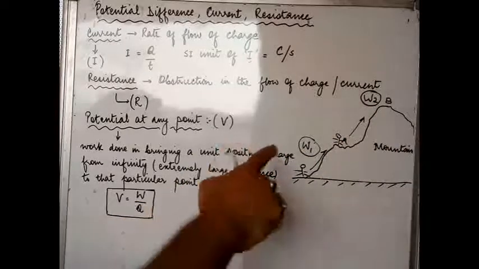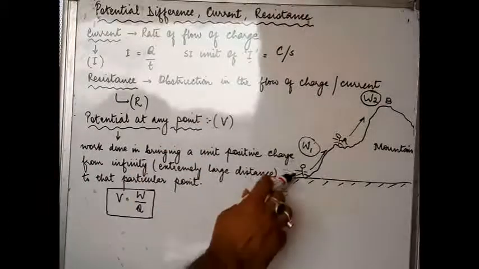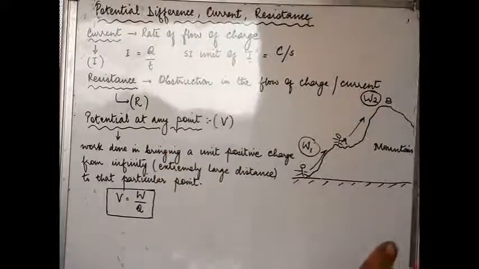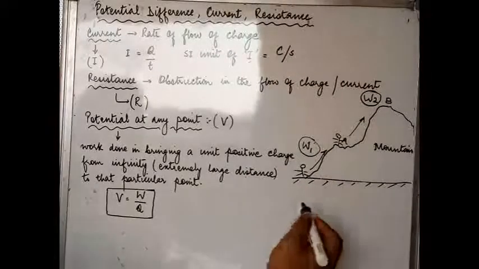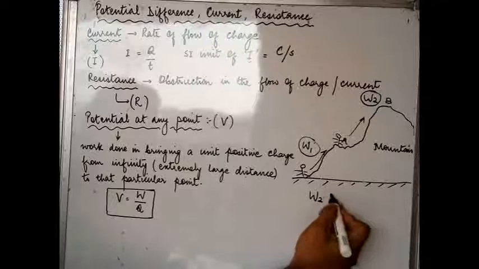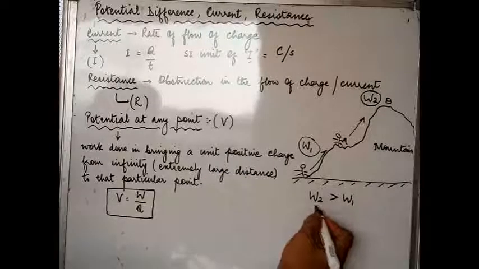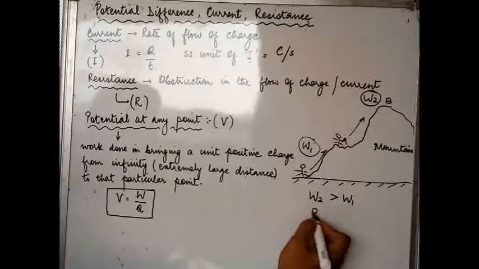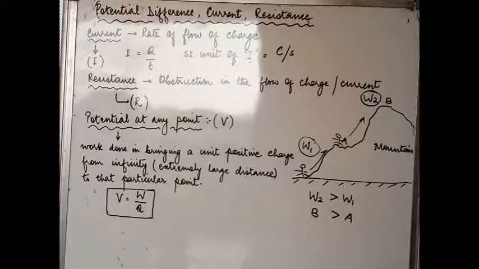So what are W1 and W2? W1 is the work done by the person to reach point A, whereas W2 is the work done by the person to reach point B, and obviously W2 is going to be greater than W1, which tells you that B is at a higher height than A, okay.